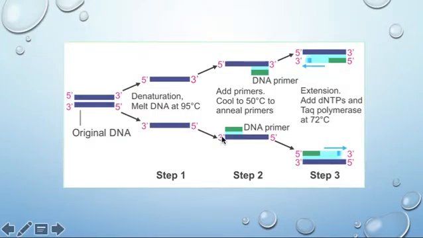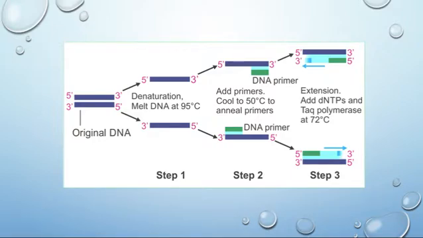After the separation, the DNA primers get attached to the 3' end of both the separated DNA strands, and after that it is cooled to 50 degrees for annealing with the primers. Subsequently there is synthesis of the DNA strand in the opposite direction. You can see from the 5' to the 3' and on this side also from the 5' to the 3', and two new DNA strands are synthesized which are complementary to the target DNA sequence. So this is the process of the PCR technique.